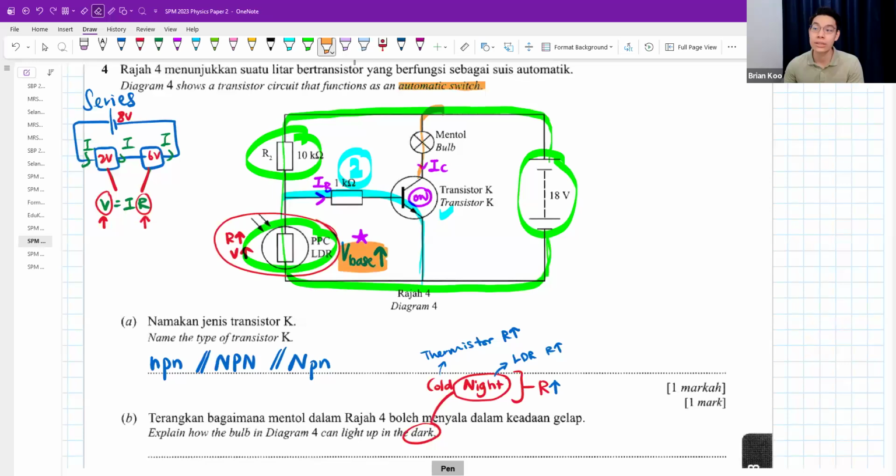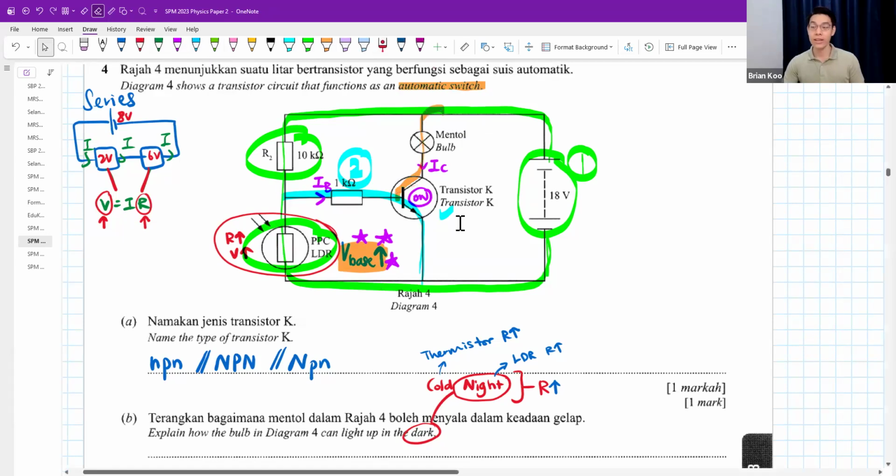It's step by step. Green color one first. Only when base voltage is high enough, base current will flow, number 2. Then only collector current will flow. Then the current is going to split from here, and then it's going to flow in like this. Then the bulb will light up. Okay, so it's step by step.